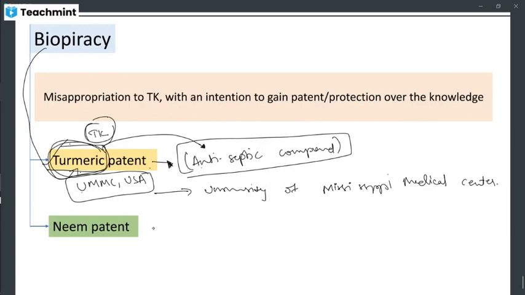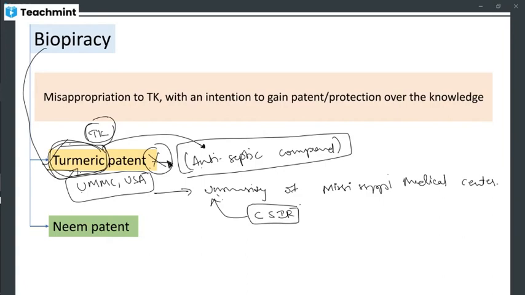And then the Council of Scientific and Industrial Research, CSIR, jumped in and said that no, you can't patent this turmeric traditional knowledge because it has been used in India as traditional knowledge for very long generations, from the very past.